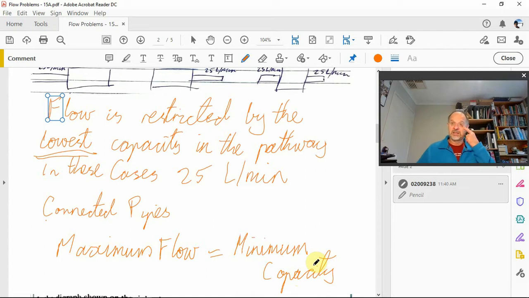And so in that example up there, the minimum capacity is 25 litres per minute. So that's as much flow as we can get.